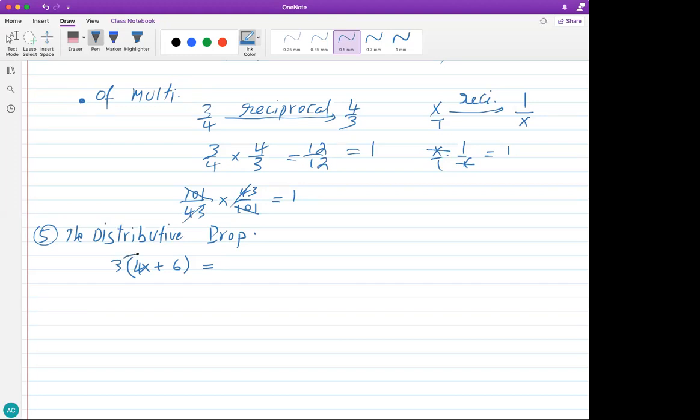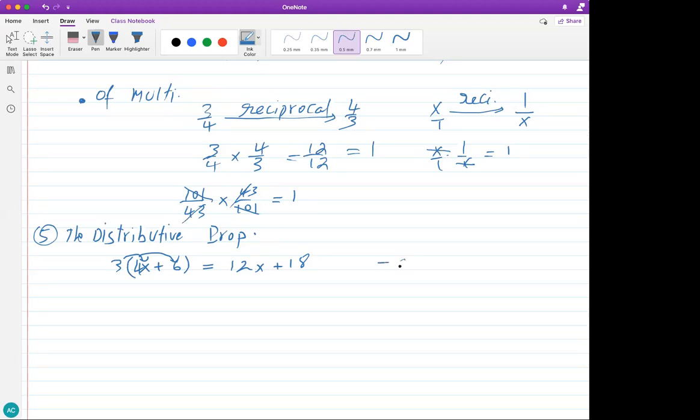We distribute: 3 times 4x, which is 12x, and then multiply again, 3 times 6, that's 18. When you multiply this way, we call that the distributive property, because we distribute one number over 2 numbers or more. If it was just 1 against 1, we call it a multiplication. Basically, you multiply more than once. The signs could be any signs here; they don't have to be exactly this.